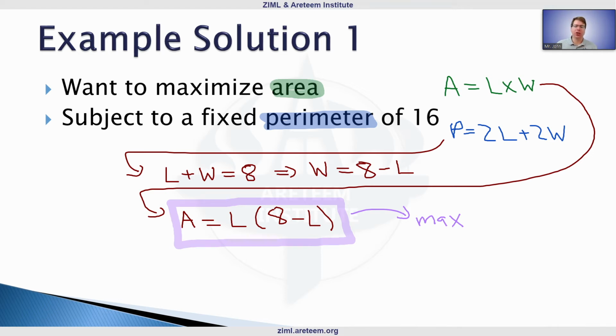But in terms of the roots, we know this has zeros at 0 and 8. So the max occurs at L equals 4. So the max area is going to be A here is 4 times 4, which is 16.